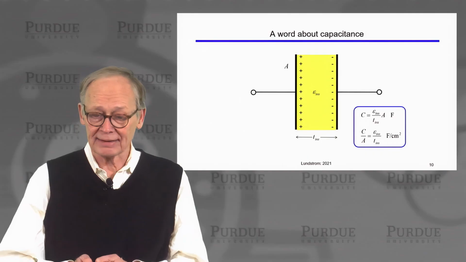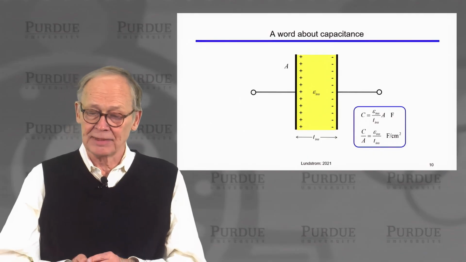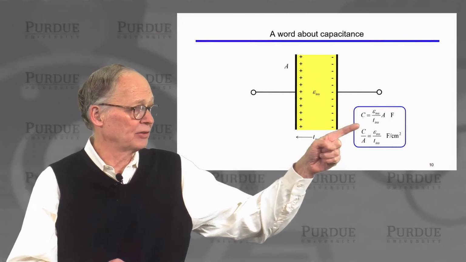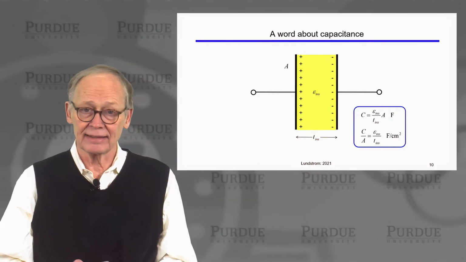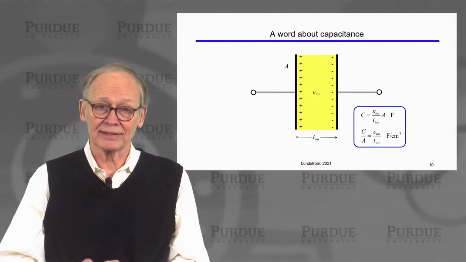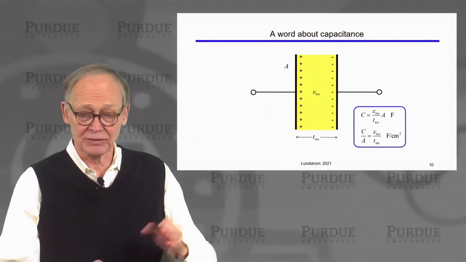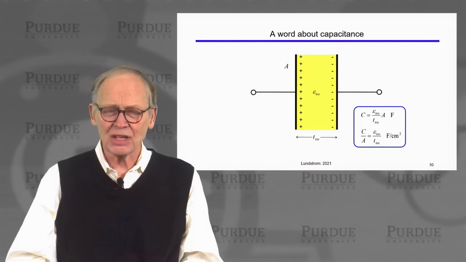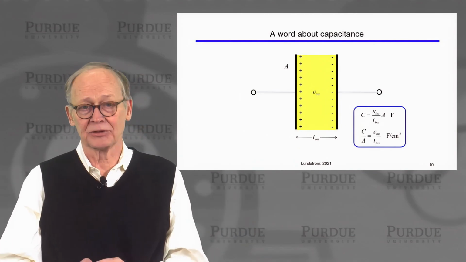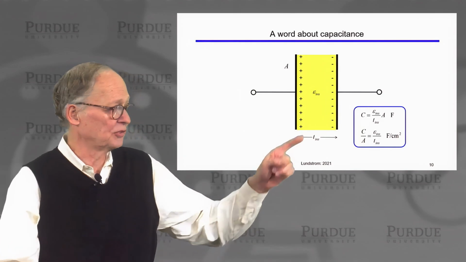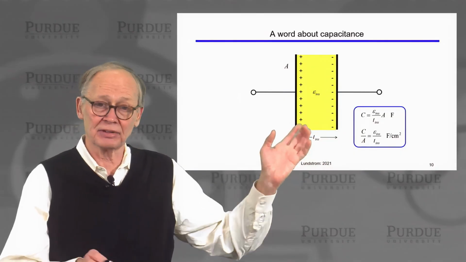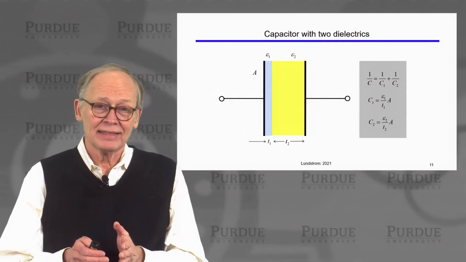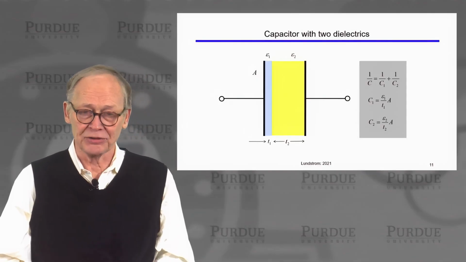And if we compute the capacitance of this structure, the capacitance is dielectric constant of the insulator divided by the thickness of the insulator multiplied by the cross-sectional area of these plates coming out of the screen, and the units are farads. We'll normally be interested in capacitance per unit area, so just dielectric constant divided by thickness of the insulator.